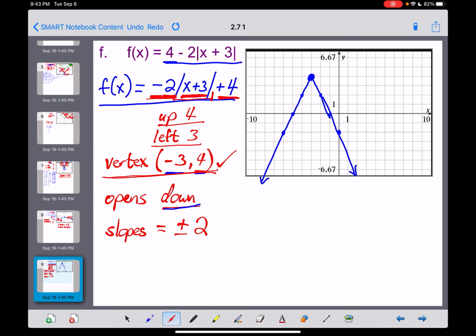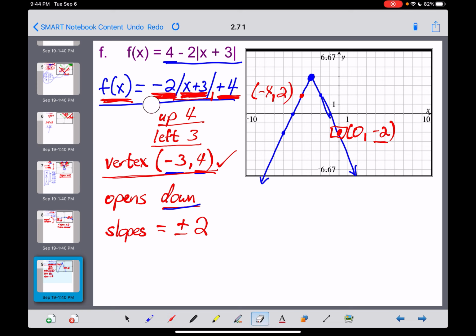Now, one more time, we checked the vertex already. Let's check another point. Like this one over here is 0, -2. Let me put that in right here, and let's make sure that works. When x is 0, 0 plus 3 is 3. The absolute value of 3 is 3. Times -2 is -6, and -6 plus 4 is -2. So check. That one worked out. Let's try this point right over here, which looks like it is -4, and it looks like it has a y value of +2.